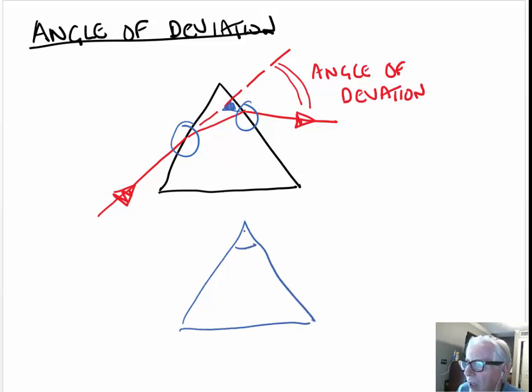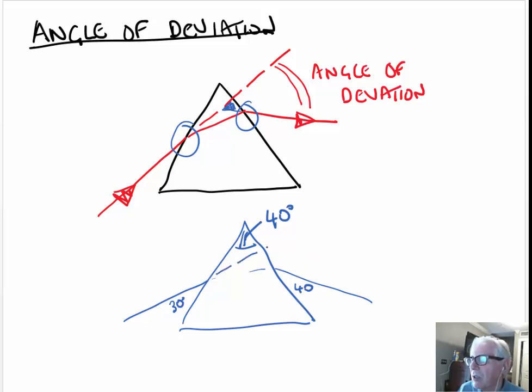I can give you this angle at the top, let's say 40 degrees. Then I say this angle here is 30 degrees, and this is 40 degrees. And then I say, what's the angle of deviation?